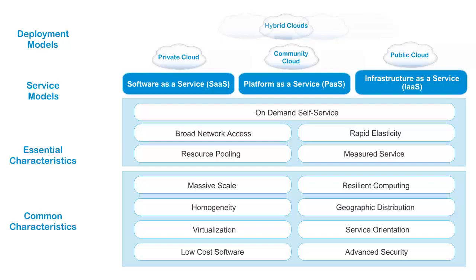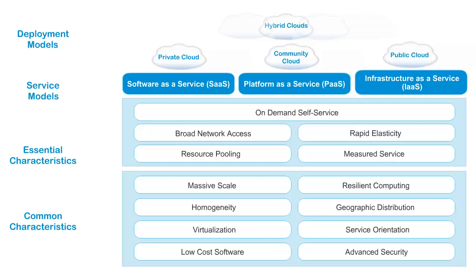Measured service. The services provided are charged to you only for your usage and not on a monthly or a daily rental. If you use it for, say, just 5 hours today and 3 hours tomorrow, you'll be charged only for those 8 hours of utilization.